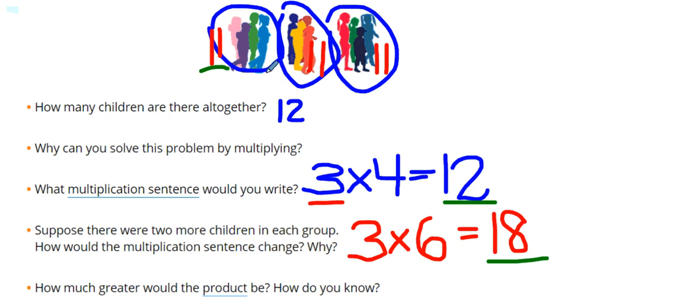We added on 2, 4, 6. Okay, so the product is 6 greater because we added 3 groups of 2, and 3 groups of 2 is 6. So we had our 3 times 4 to start, then we had our 3 times 2, our 6 added in, and that gave us our 18.